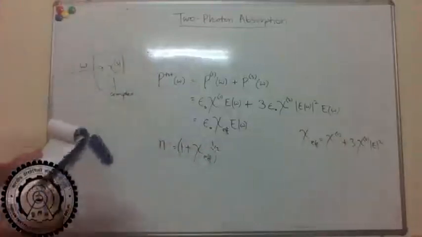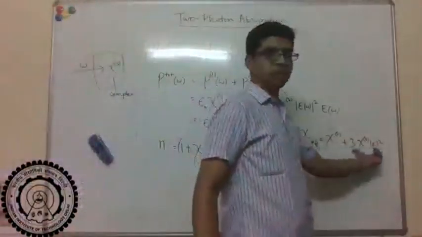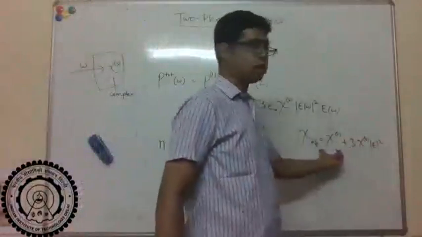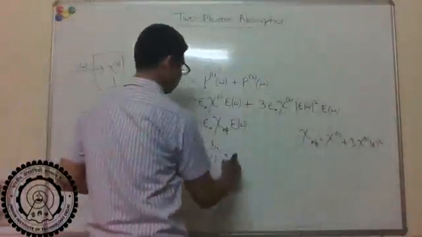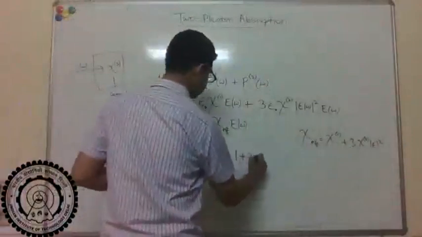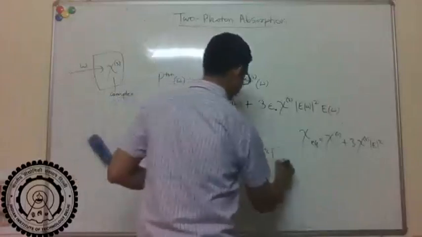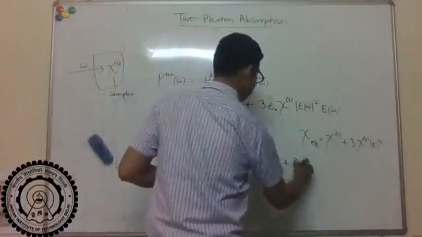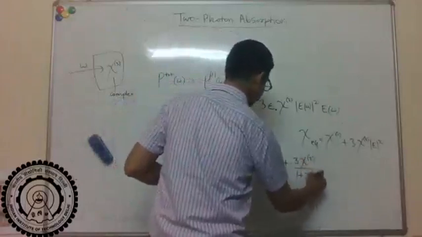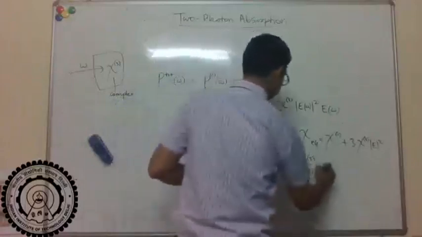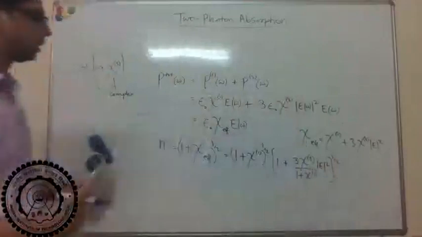And then we proceed again, like we did last time. We say that this nonlinear term is much smaller than the linear term, right? So basically, we can take the linear term out common and then write this as that, right?